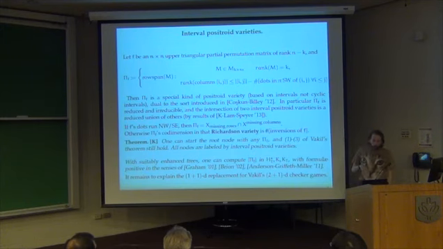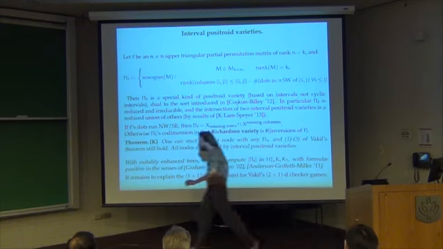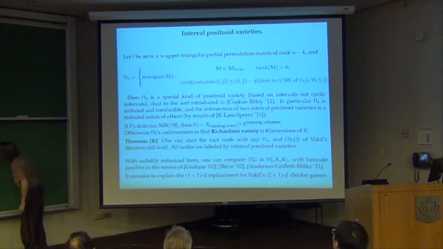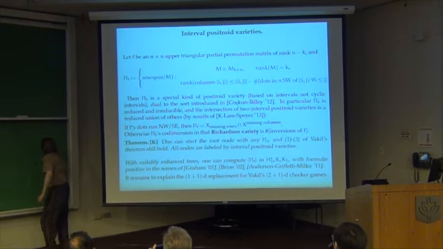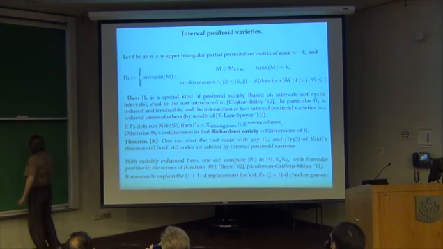Okay, so here's the positroid variety, or the interval positroid variety, even better, associated to an upper triangular partial permutation. So an upper triangular partial permutation looks like that.